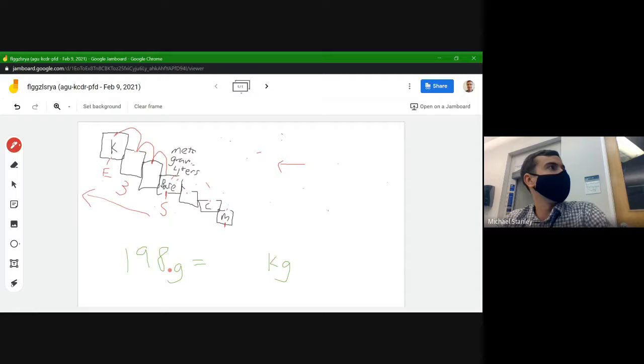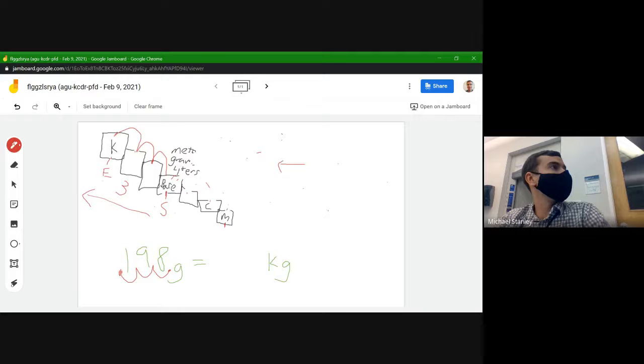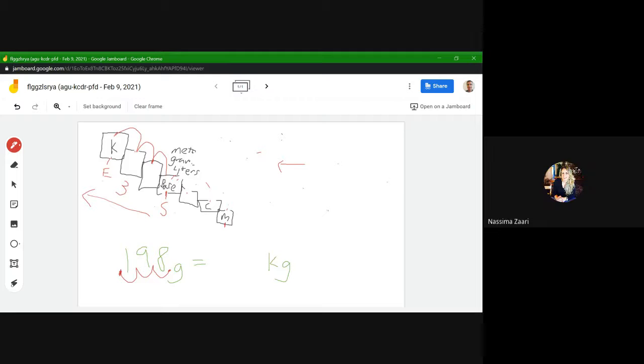We're going to go 1, 2, 3 to the left. So we start off with 198 grams, but what is that in kilograms? 0.198.